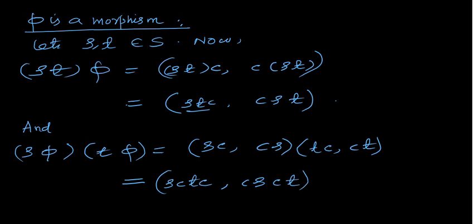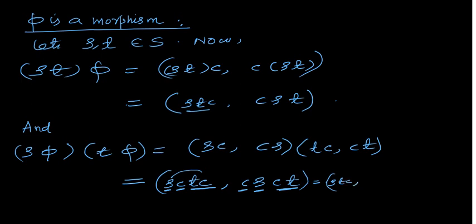That's there because you can treat this as one element, C as the second element and TC as the third element. So the product of three elements is equal to the product of the last two elements, S and TC. And the second one should come out equal to CST. So you can treat this CS as the first element, C as the middle element and T as the third element. So this is equal to STC.